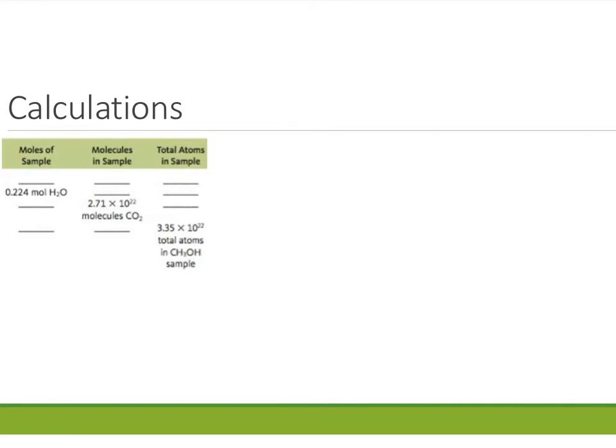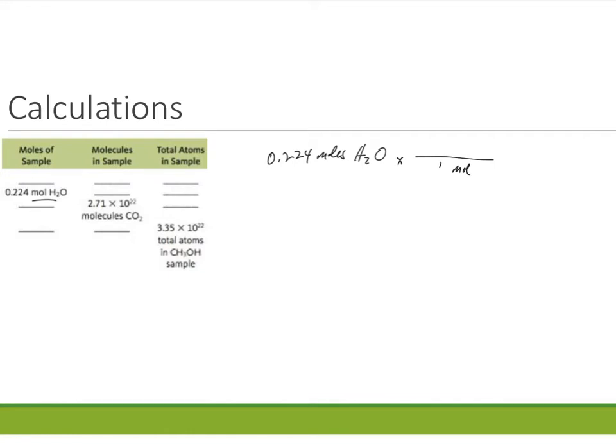We can use Avogadro's number as a conversion factor in calculations. So, for example, let's start off with the first problem here: 0.224 moles of water. To fill in the table, we want to find the number of molecules in a sample. So how many molecules are in 0.224 moles of water? Following dimensional analysis, we want to make sure that moles is on the bottom.